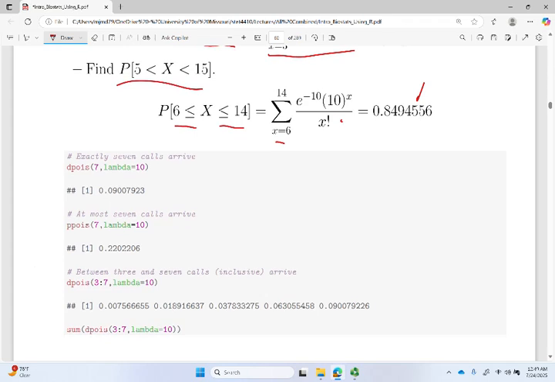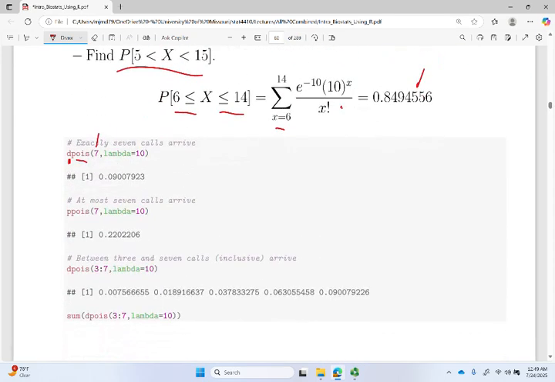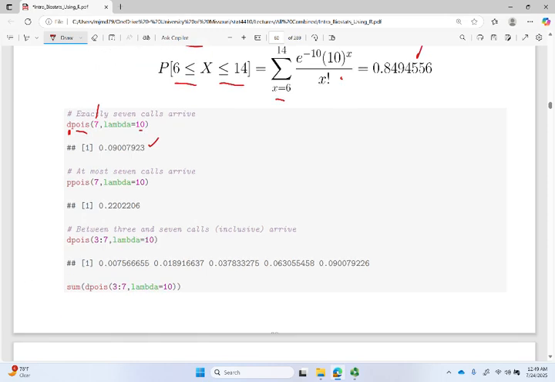To find this in R, we use the density of a Poisson, and we want to find the probability that it's 7. We're doing these examples again. Lambda's 10, and that's it. That's the probability.